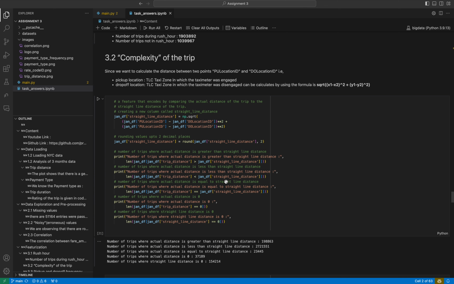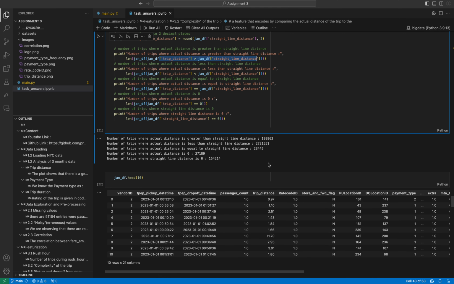In terms of location, pickup location and drop off location, to find the straight line and the difference between them, I used the square root formula between the two coordinates to get a straight line distance, and then compared that to the trip distance. Here you can see I have compared that to the trip distance.